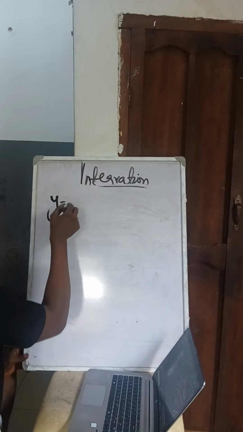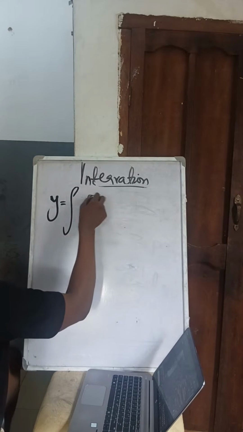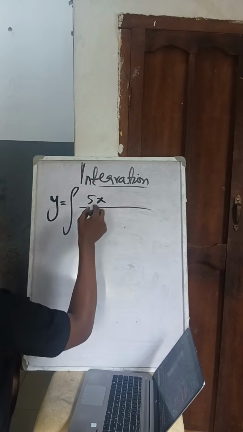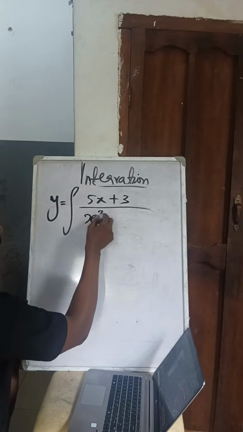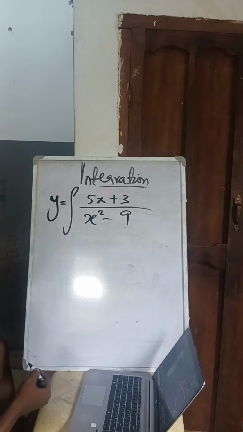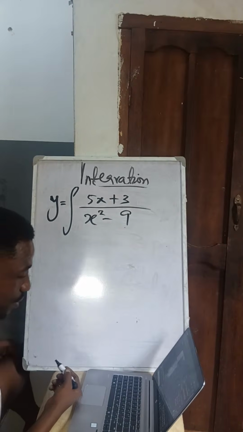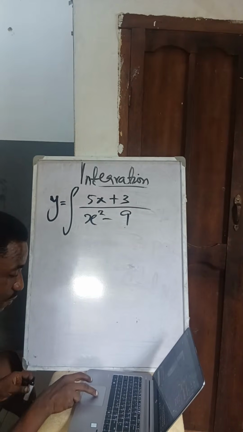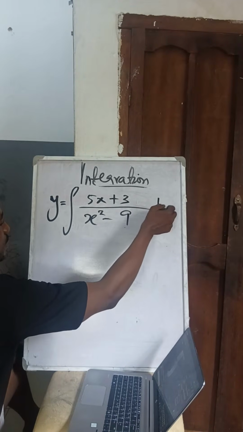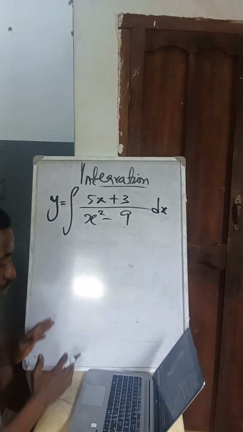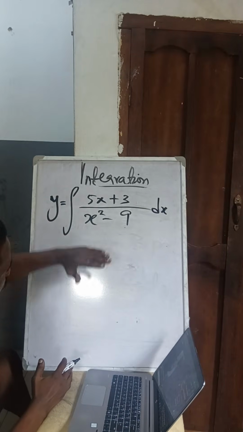Now, we have integrate 5x plus 3 over x squared minus 9 dx. This is integration by partial fraction. So what will you do when you see a question like this?